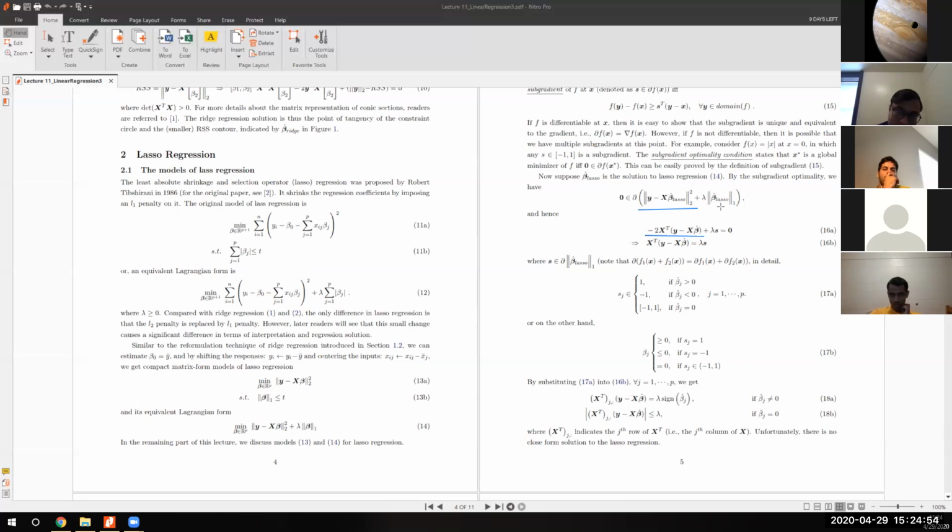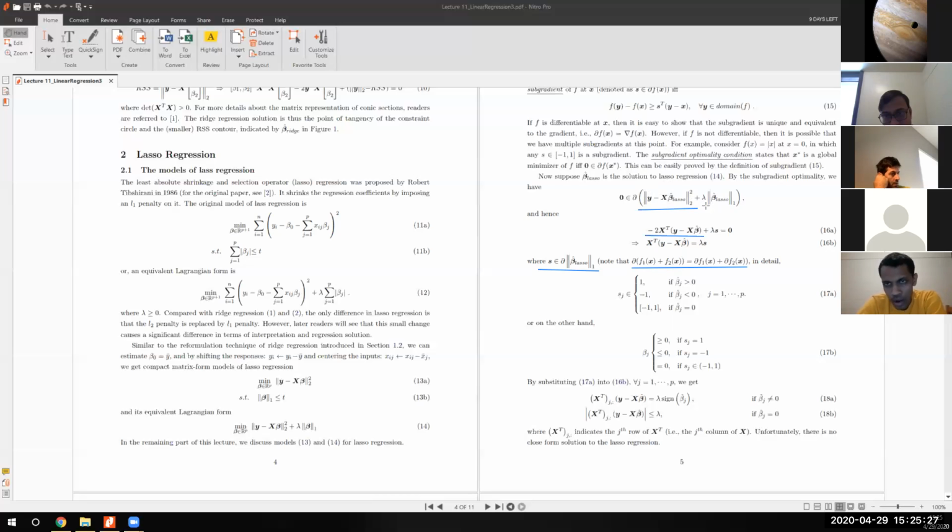Okay, now let's have a look at the second part. The second part is not differentiable. So what we're going to do is write it as lambda s, where this s is a subgradient. So what does subgradient mean? One very important thing is this formula: the subgradient of f1(x) plus f2(x) equals the subgradient of f1(x) plus the subgradient of f2(x).